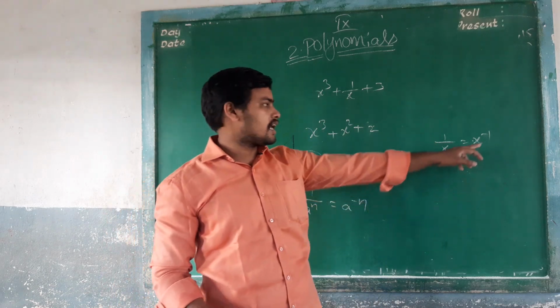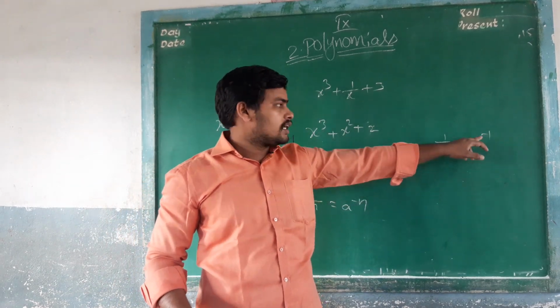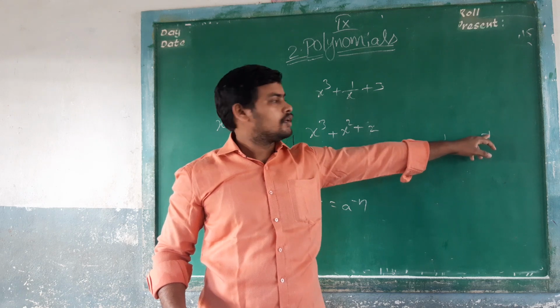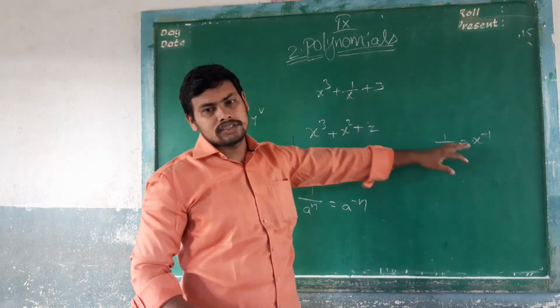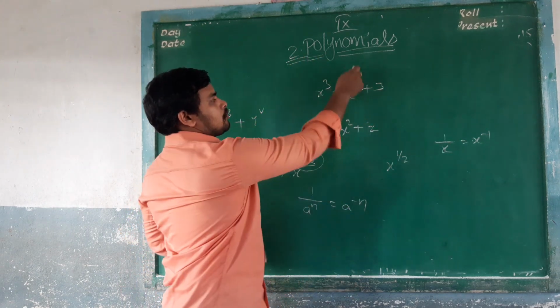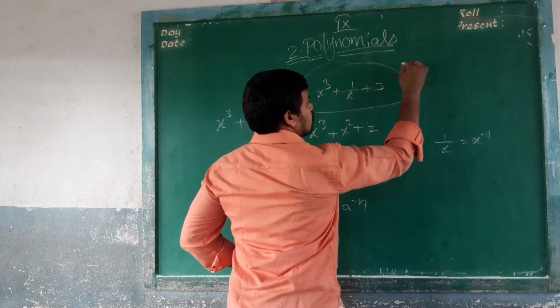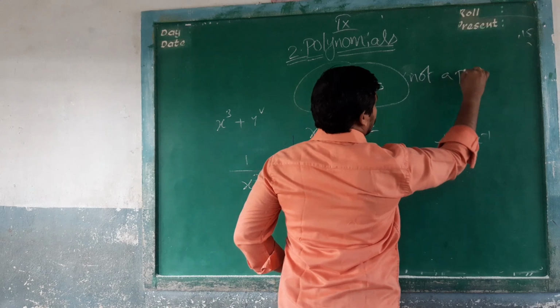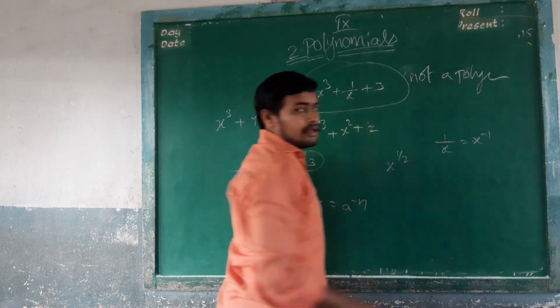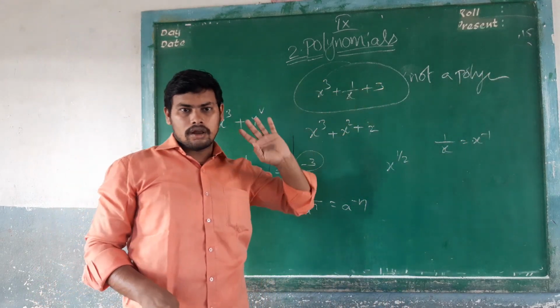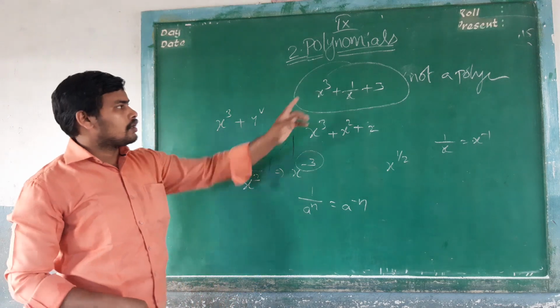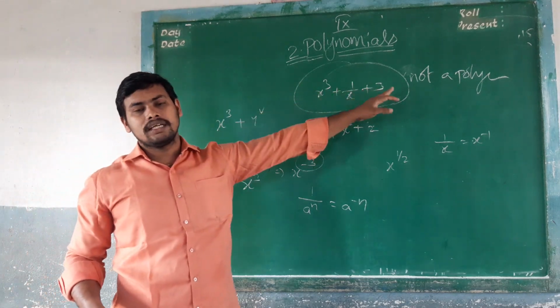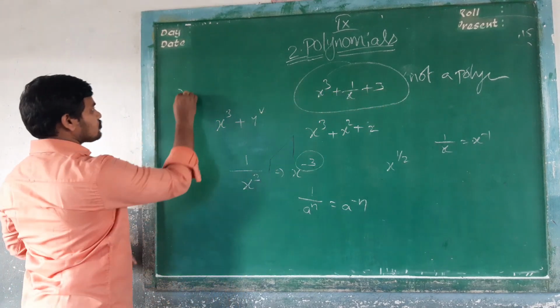Here the power is negative, so it is not a polynomial. This is not at all a polynomial. So x cube plus 1 by x plus 3 is not a polynomial.